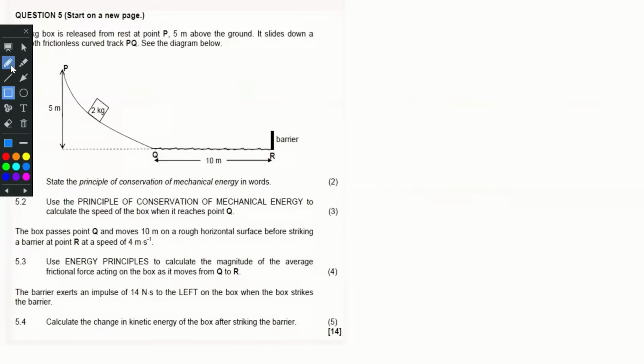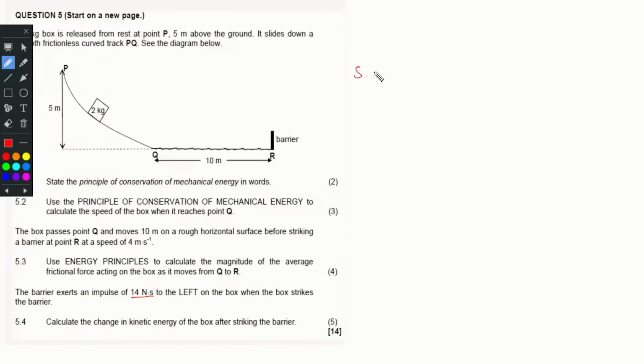Now, they're talking about the impulse here. So the barrier exerts an impulse of 40 Newton second to the left on the box when the box strikes the barrier. Then calculate the change in kinetic energy of the box after striking the barrier. So let's note this.